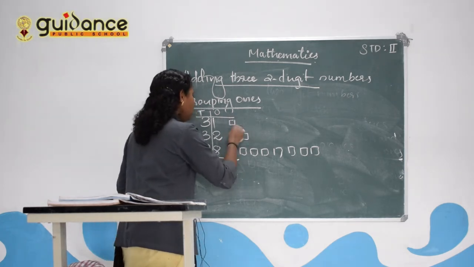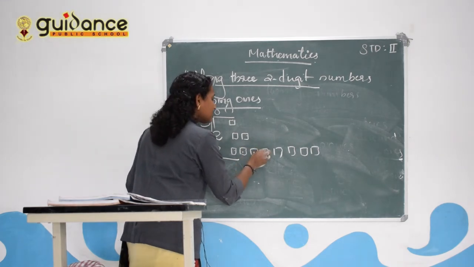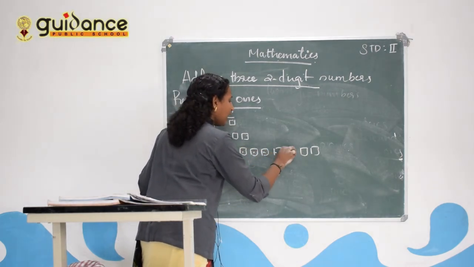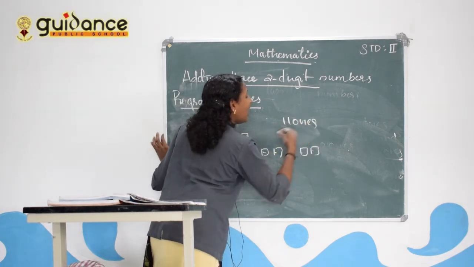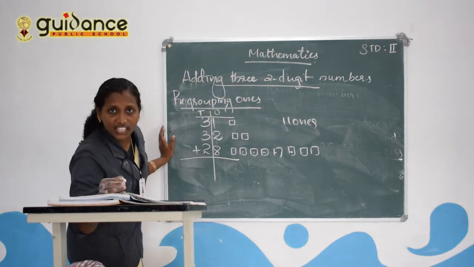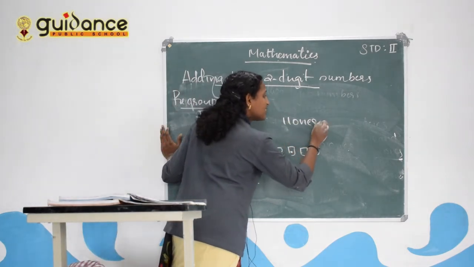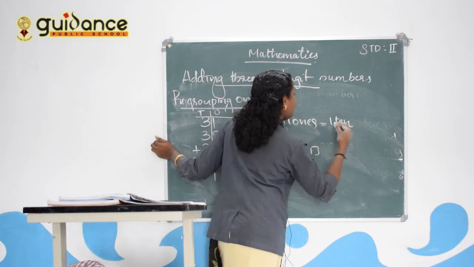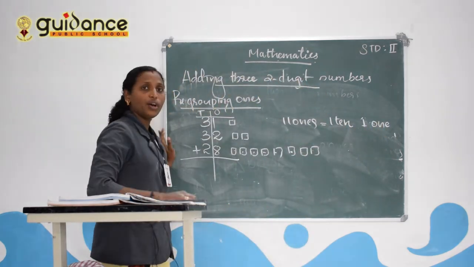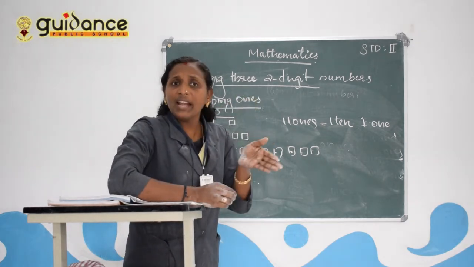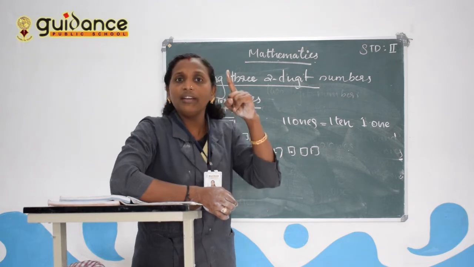1, 2, 3, 4, 5, 6, 7, 8, 9, 10, 11. How many ones? It has 11 ones. That means regroup 11 ones into 1 ten and 1 one.